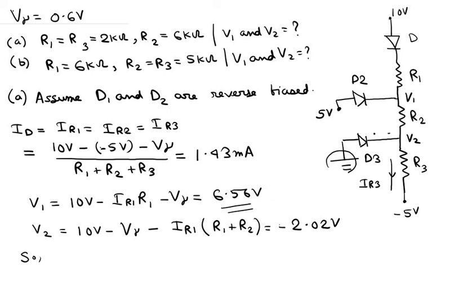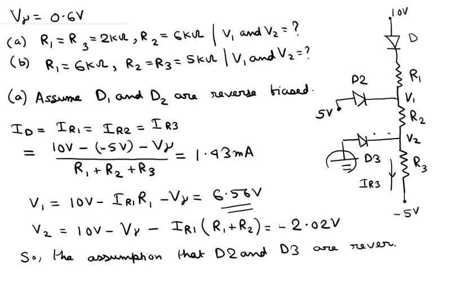So the assumption that D2 and D3 are reverse biased is incorrect.